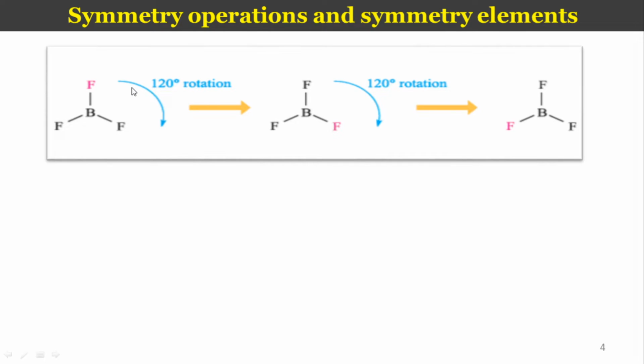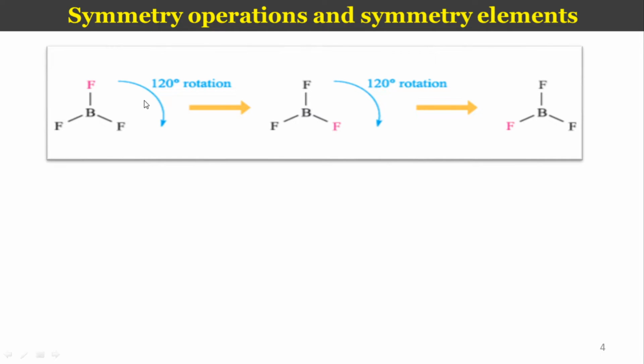So this is the first structure, this is the second structure. These two are equivalent structures. Equivalent means something has changed, and finally after the rotation of 120 degrees you get the identical structure, the same as the first structure.